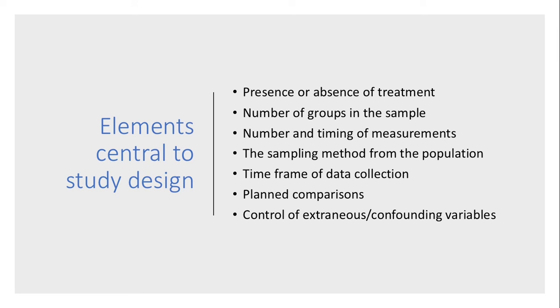How we choose a sample from the population, what our planned comparisons are, and how we control or minimize confounding or extraneous variables which may interfere with our study and interfere with our conclusions.